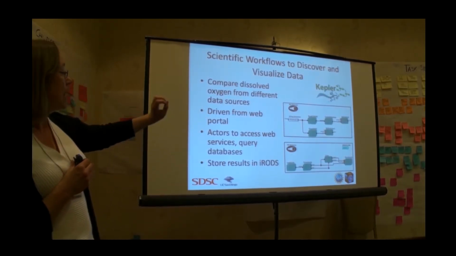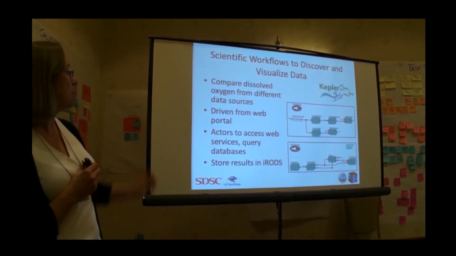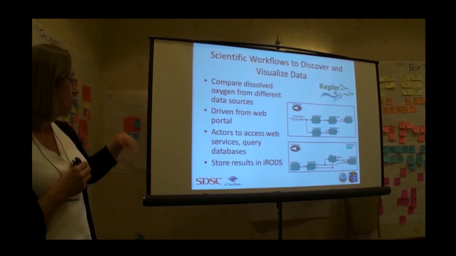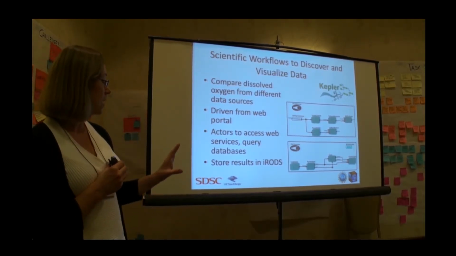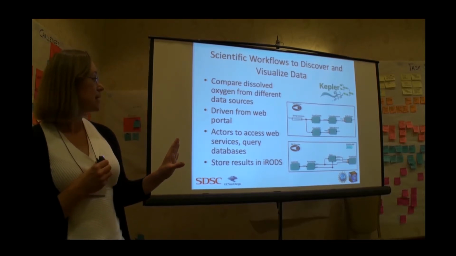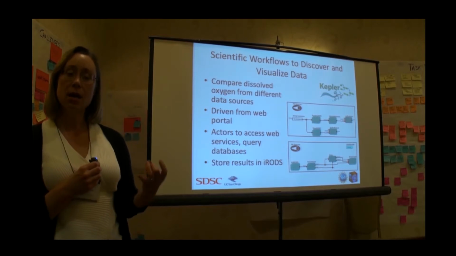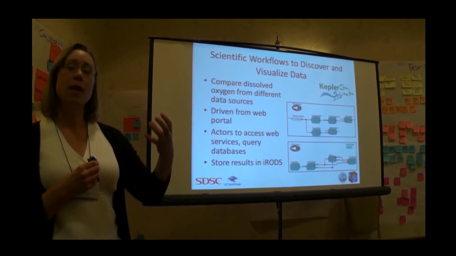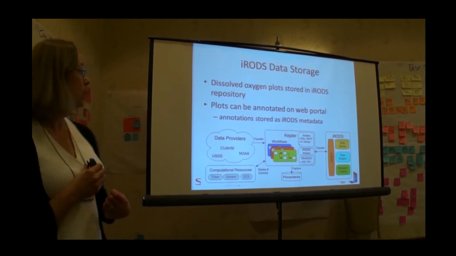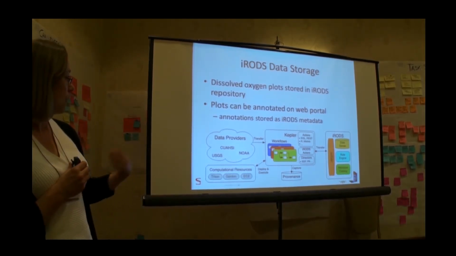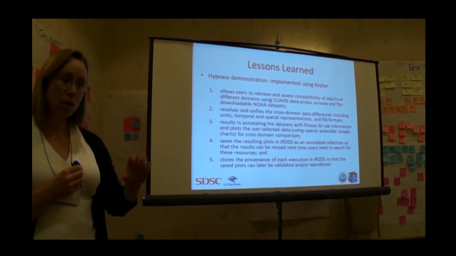Behind the portal is a scientific workflow that has actors that can communicate with the different data sources, query them, and another important aspect of the prototype portal here is that not just the data, but plots made of the data and also the workflows that are working with them become resources that are stored in iRODS and reusable later. So I think if we can maybe now go to a little bit of a view of the portal.